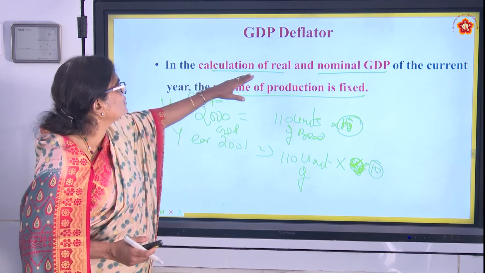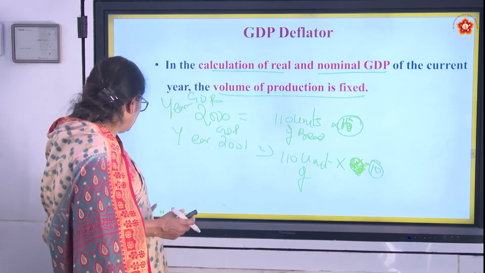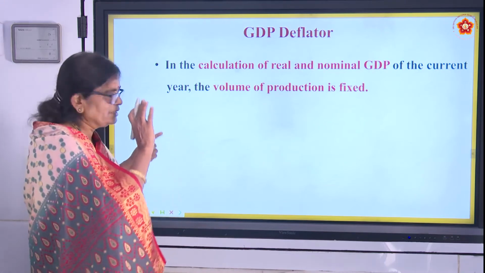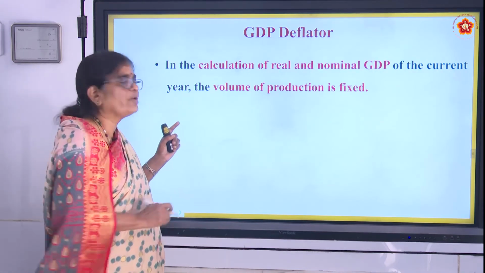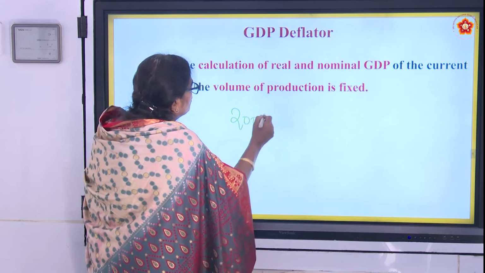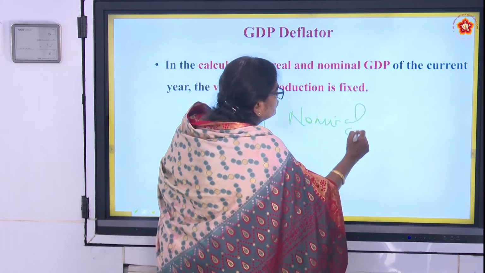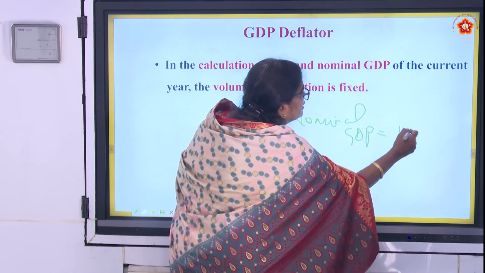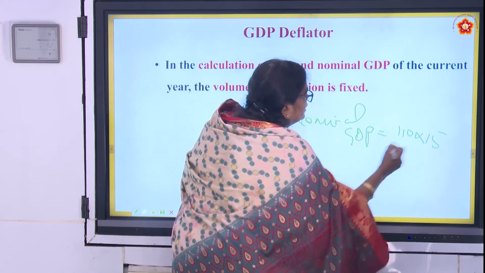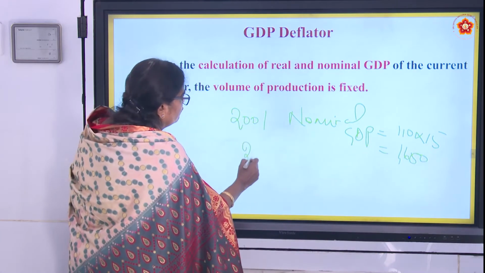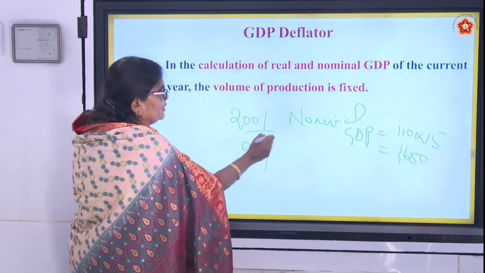In the calculation of real GDP and nominal GDP, for the same year we are calculating, for 2001 only. Nominal GDP: 110 times 15, that is 1650 rupees. 2001 again, the same year only.